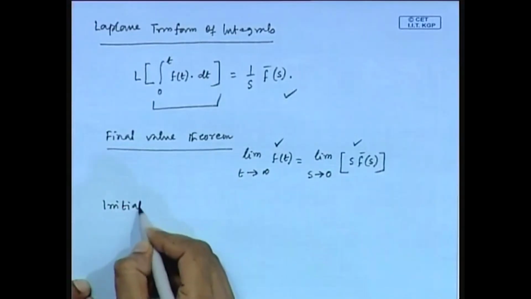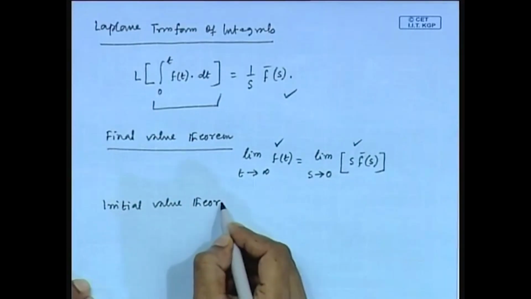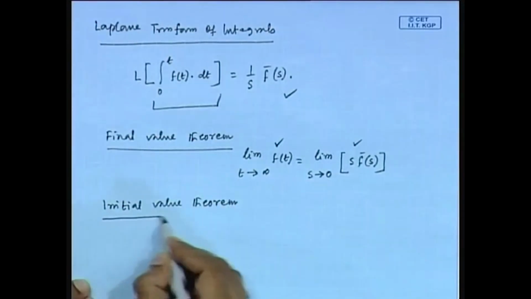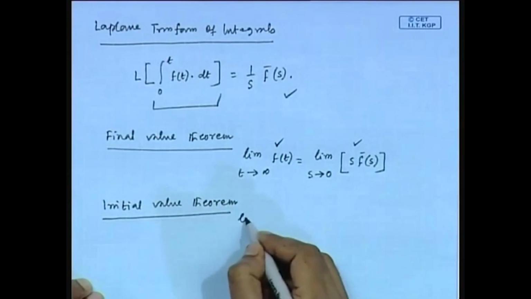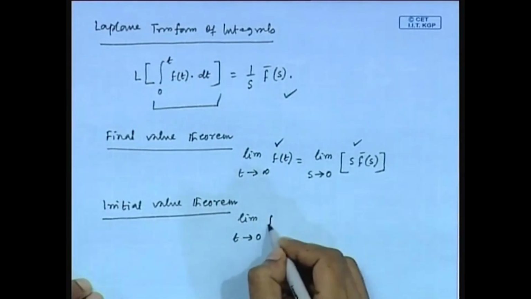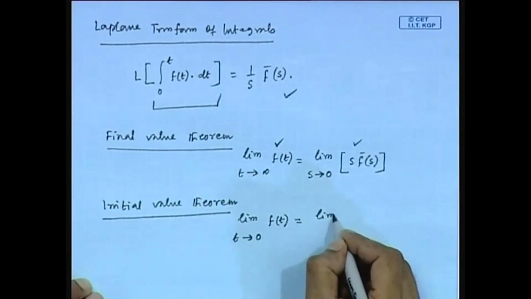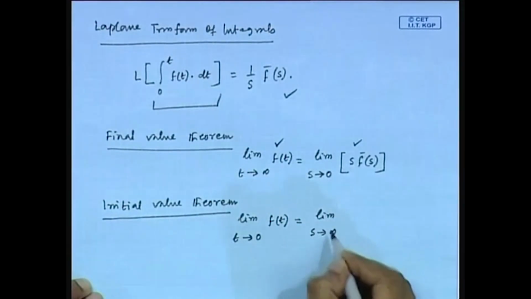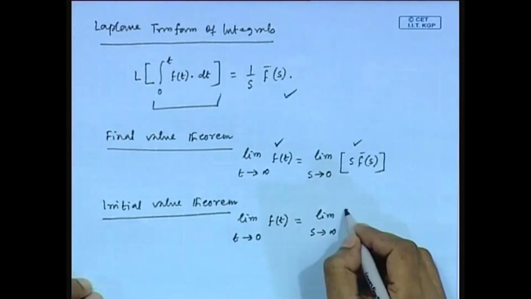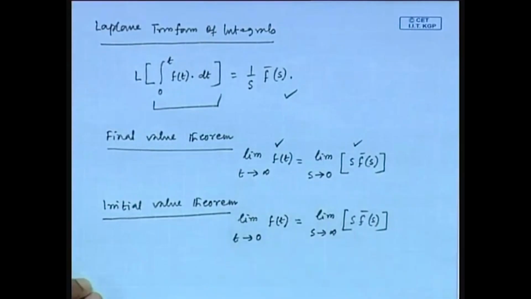Another one is the initial value theorem. The initial value theorem is limit t tends to 0 f(t) equals limit s tends to infinity s f bar(s).